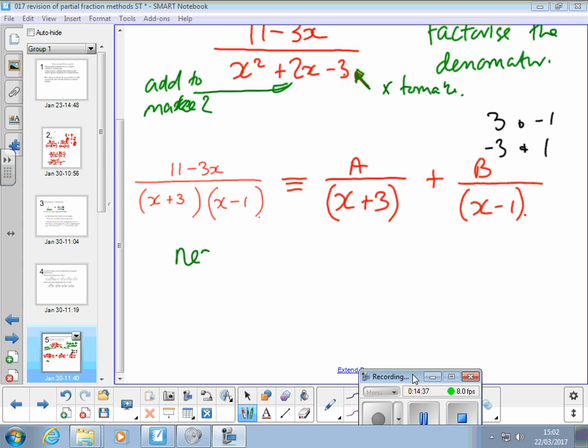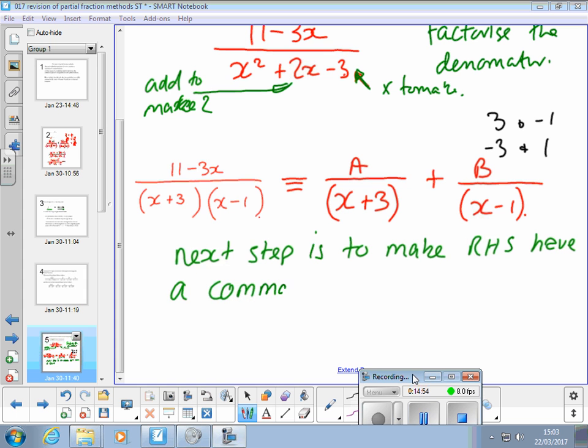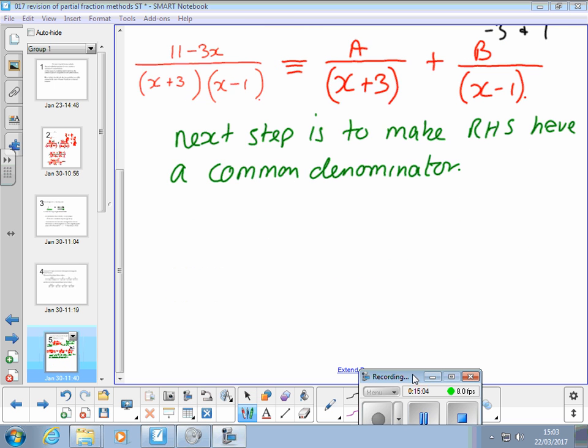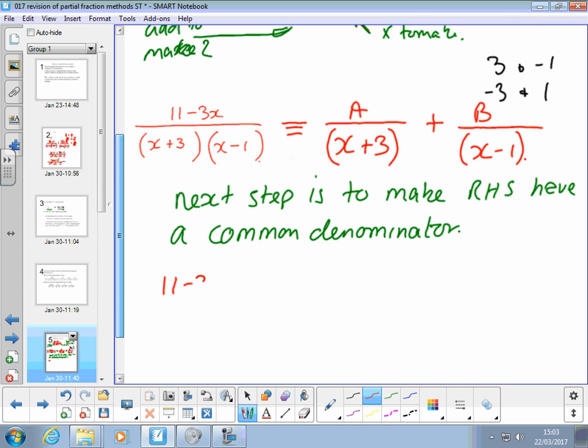Next step is to make the right hand side have a common denominator. So we want, on this side, this 11 minus 3x over x plus 3 times x minus 1. We want to return that common denominator to this side.